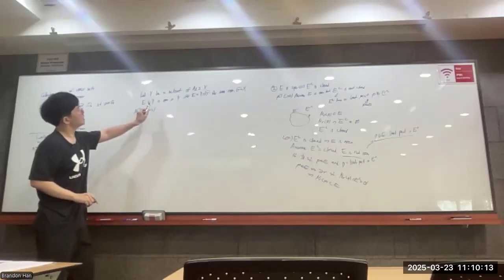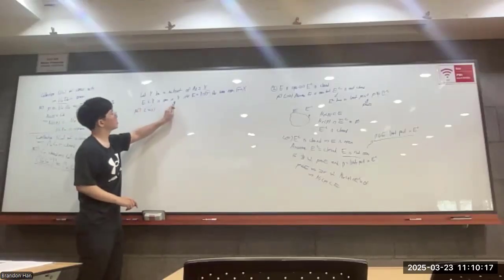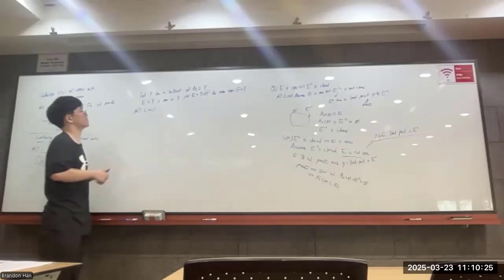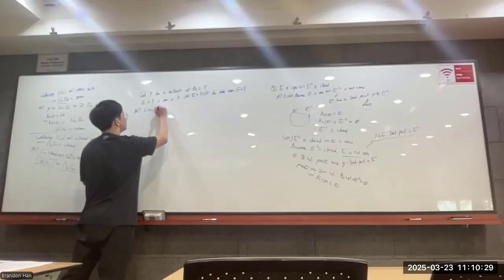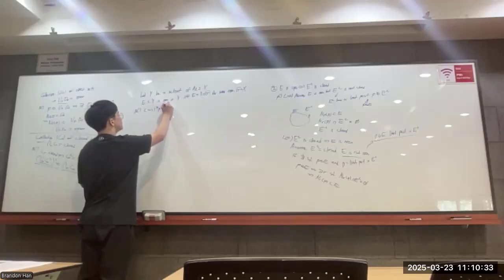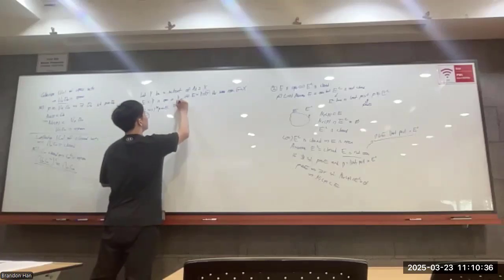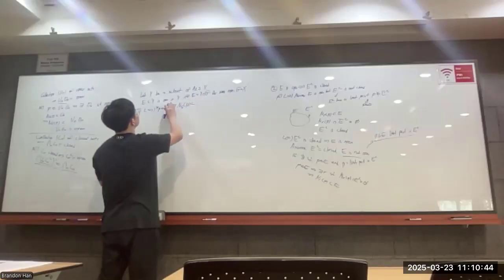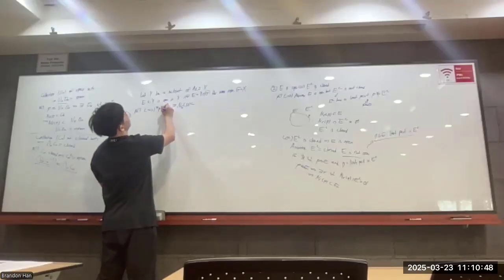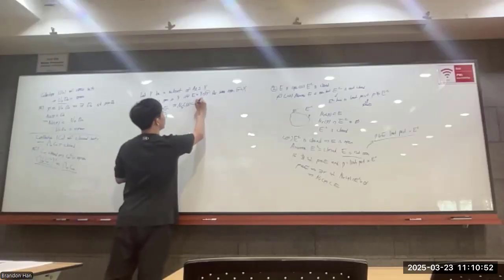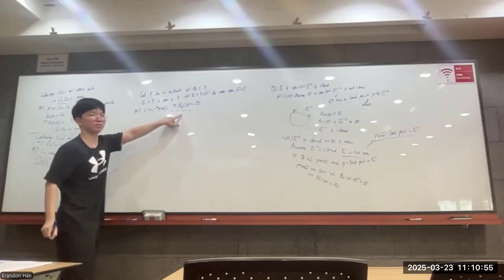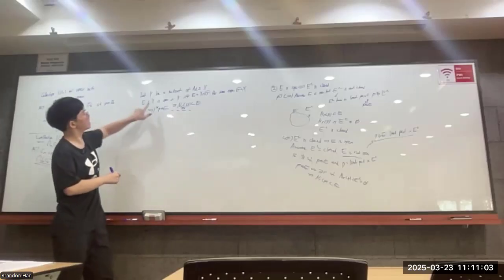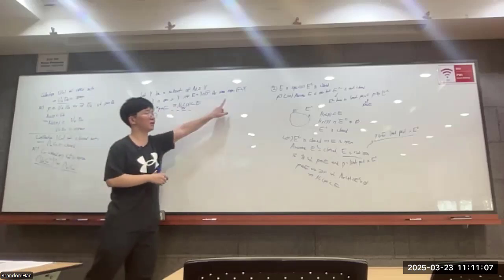So if E is open in Y, so E is open in the smaller metric space Y, then E must be representable as Y intersection G for some subset G that is open in X. To prove this, note that for any P in E, we can take some radius RP so that N_RP(P) is entirely contained within E. And this is a neighborhood in Y. I'll put RP comma Y to emphasize that this is a neighborhood within Y, because we're only thinking about Y in this case, since E is open in Y. We never said anything about E being open in X yet.